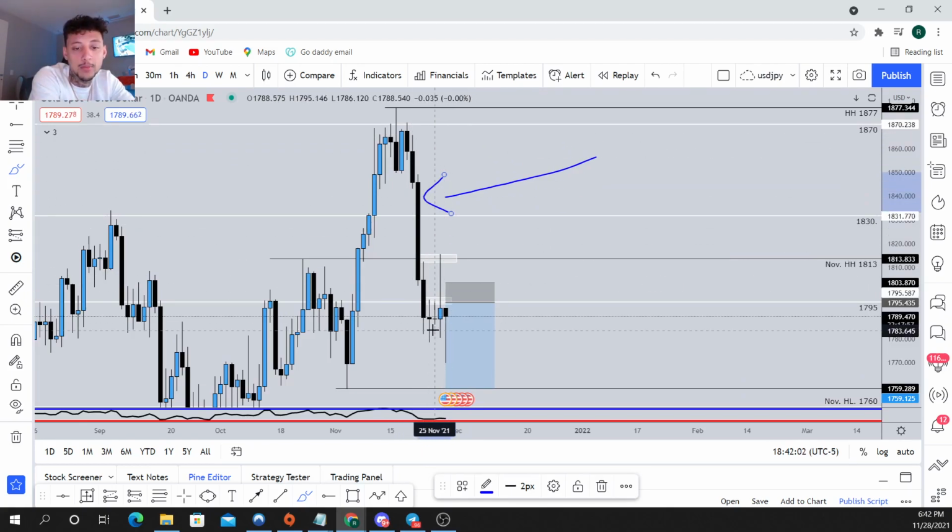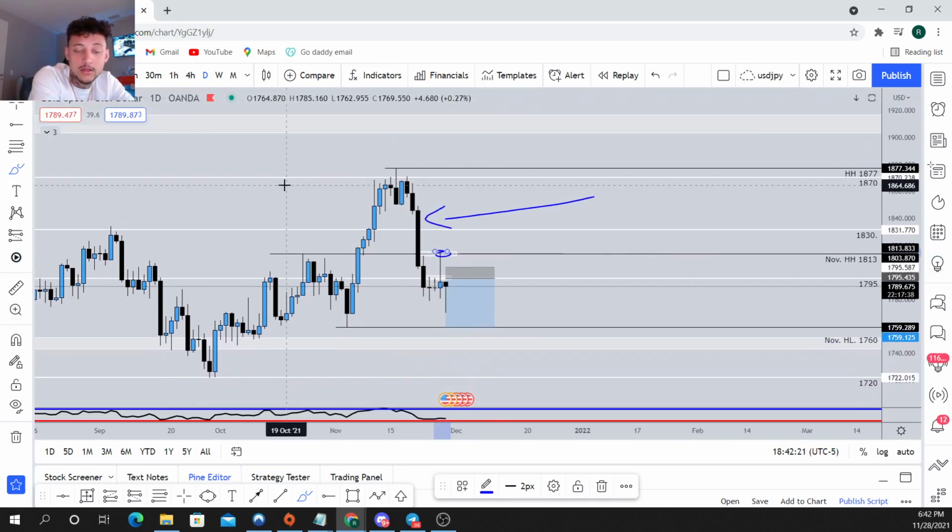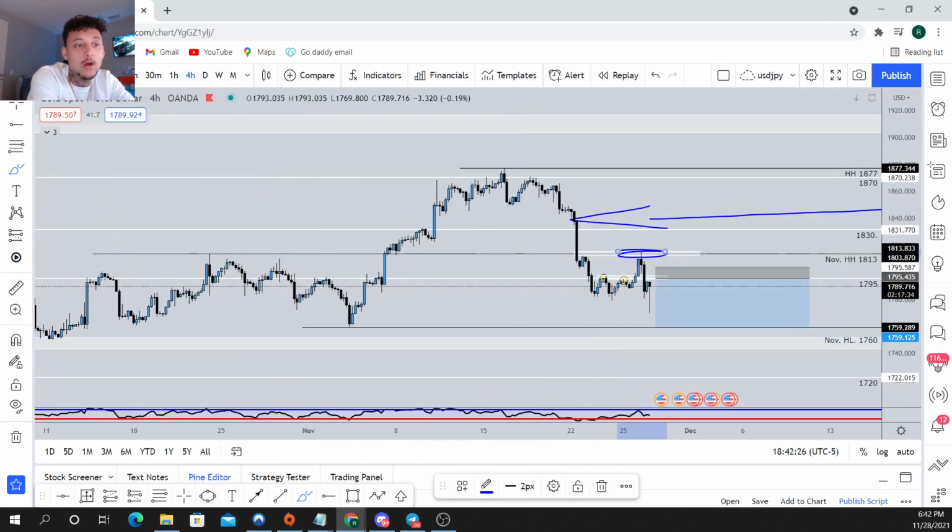Well, you have a big bearish move that's pulled back all the way back into support, and then you have a big rejection of the November higher high from October 21st, which the November higher high is also here as well, which is insane. So it's just you building a case as to why you're going to be taking these trades, right?